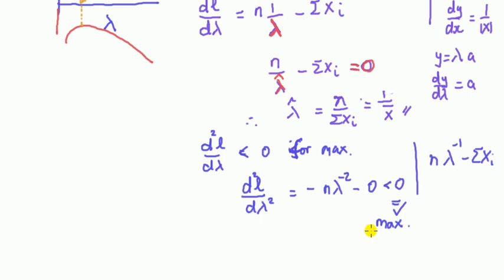How do you know it's not a local max, or, if we didn't look at this picture, how do we know it didn't do something like this? Let's say lambda can take values from here all the way along here.